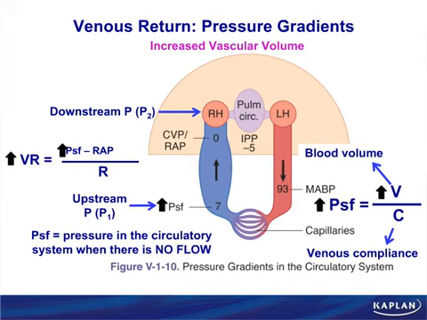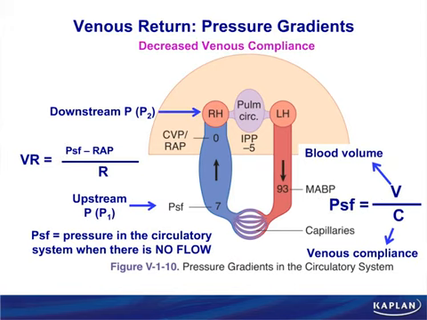So if PSF goes up, then venous return goes up. Decreasing vascular volume has the opposite effect. If vascular volume, remember this is total blood volume, if volume goes down, then PSF goes down. And if PSF goes down, that's the pressure head going down, then venous return goes down. So decreasing vascular volume reduces venous return.